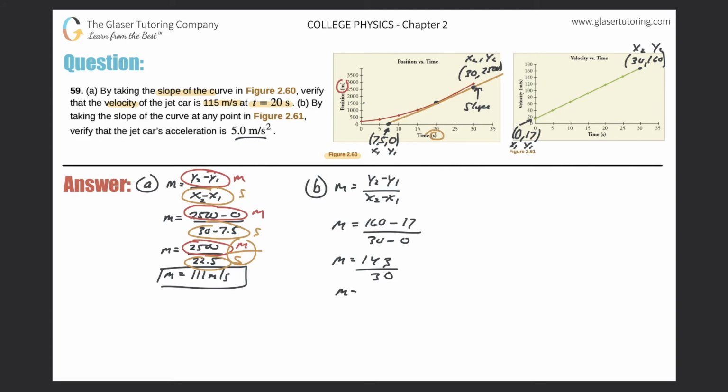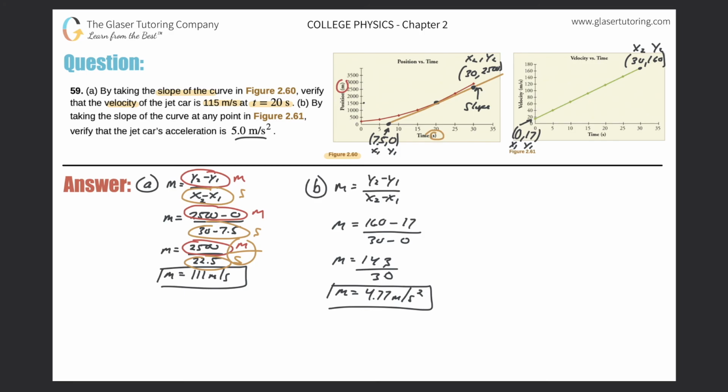Okay, and now the slope will be, let's plug that into the calculator, 143 over 30, and it works out to 4.77. So again, like I said, it's going to be hard to get it exact because I don't have grid lines here, so I have to estimate it, but these are reasonable. These are way close enough. So this is meters per second squared.